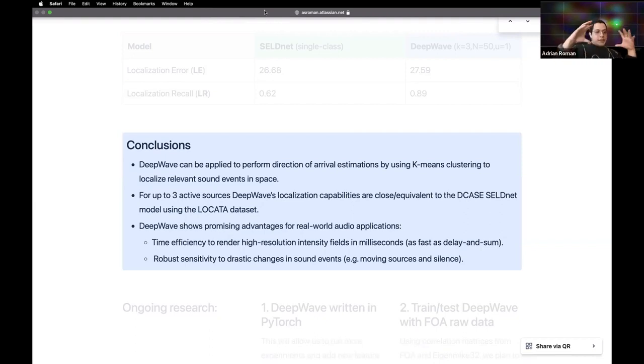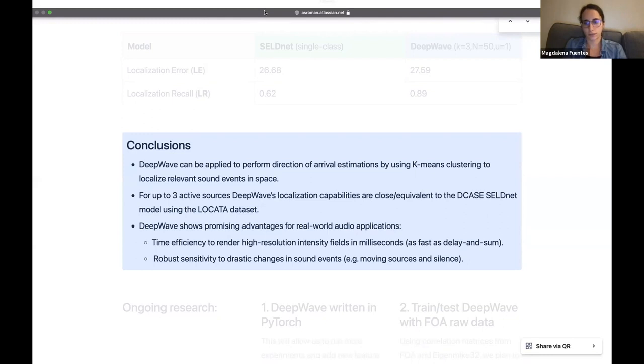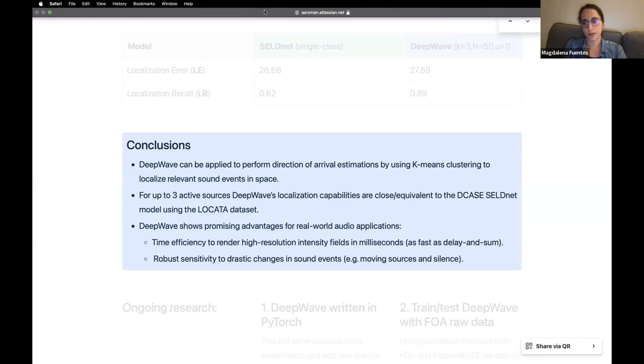This other model gives you the sound intensities, and DeepWave trains with that as the ground truth. Does that make sense? So not directly the annotations, but another model that's inferring the positions and giving that to DeepWave to learn those mappings.